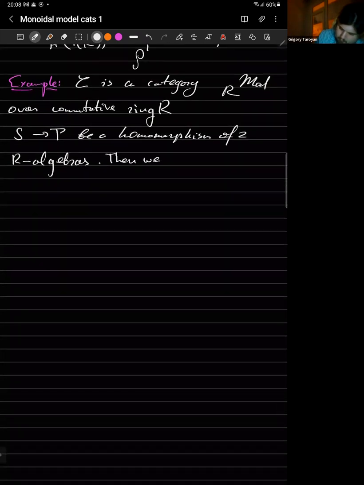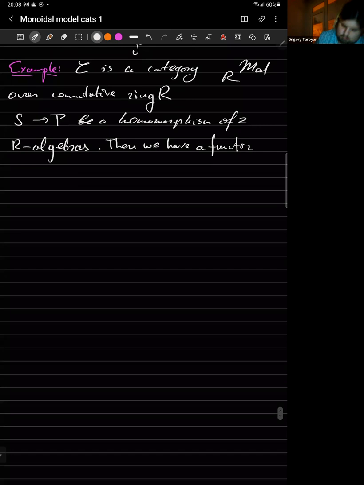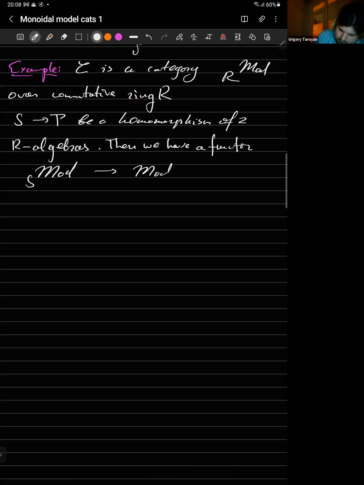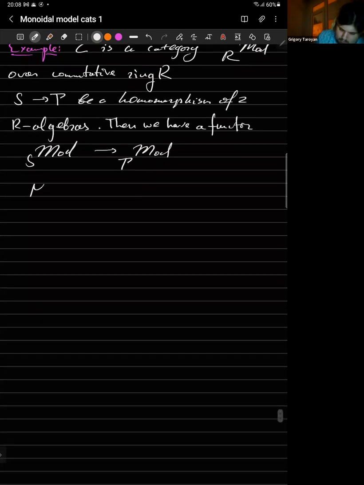Then we have a functor from S modules to T modules, which just maps an S module to a T module, which is formed by induction.